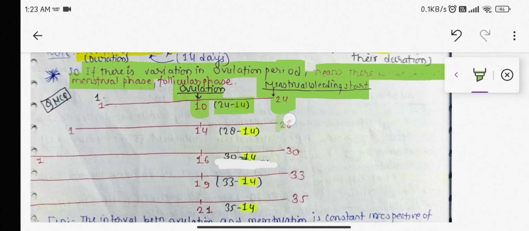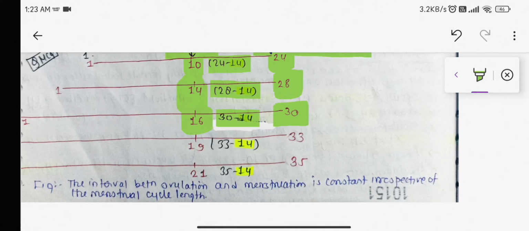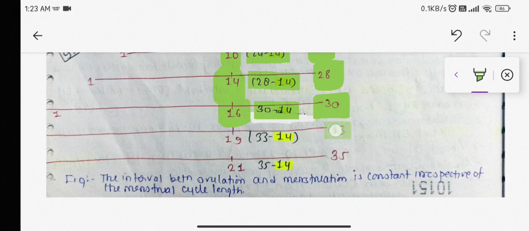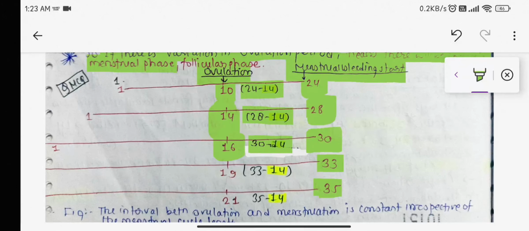If a female has a menstrual cycle of 28 days, then 28 minus 14 is 14, so the ovulation day will be the 14th day. Similarly, with a 30 day menstrual cycle, 30 minus 14, the 16th day is the day of ovulation. Similarly, we can calculate these days. One important MCQ will come from this.